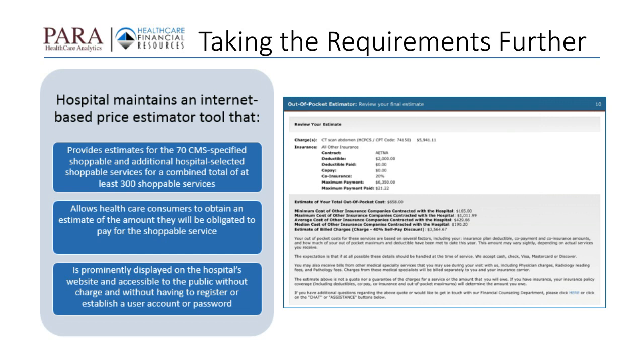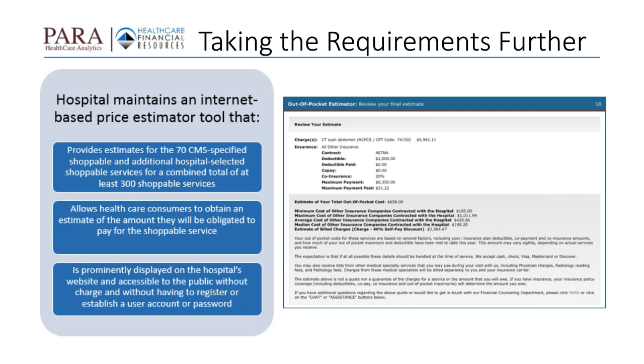CMS will deem a hospital as having met that second requirement if it maintains an internet-based price estimator tool that meets the following requirements. First, that it provides estimates for those 300 shoppable services, including the 70 specified by CMS. The remaining 230 should be identified using the techniques and data intelligence that Ryan outlined earlier.